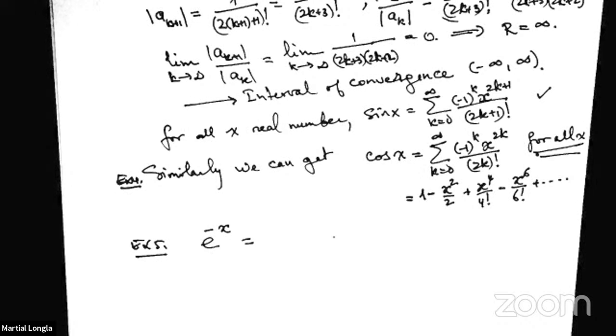Would it be the sum from k equals 0 to infinity of x to the negative k over k factorial? No. That's what changes in this function. What's the relationship between e to the x and e to the minus x?